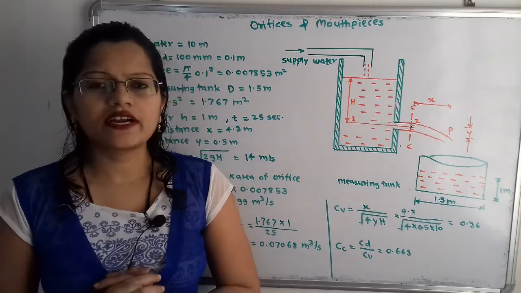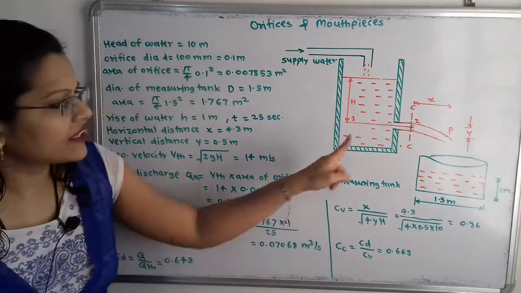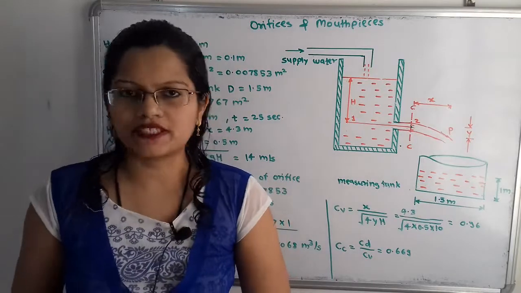We will first understand the diagram as per the given data. Here water is coming out from the orifice and is getting collected in a measuring tank.